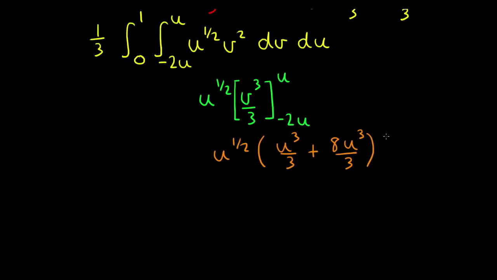So we can simplify this to u to the half by 9u cubed on 3. So that gives 3u to the 7 on 2.